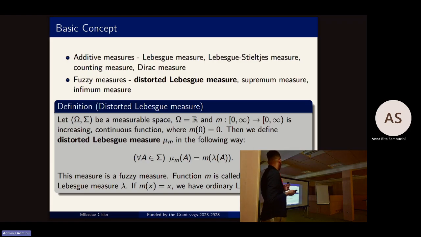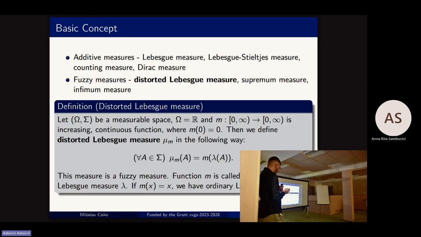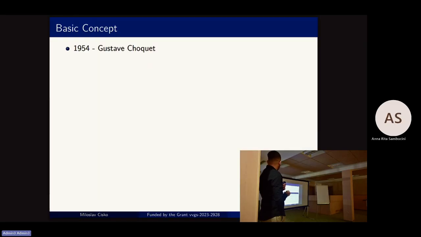If m is the identity, we have the ordinary Lebesgue measure, and in this presentation we are using the power distortion. So let's say that m is the square function, or some other power. It is very important to distinguish whether the exponent is less than 1 or bigger than 1, because then there is concavity or convexity of the function, and it has different properties.